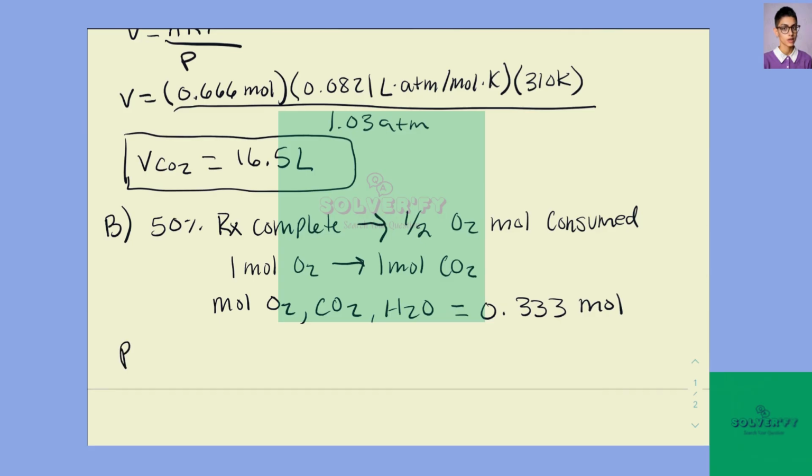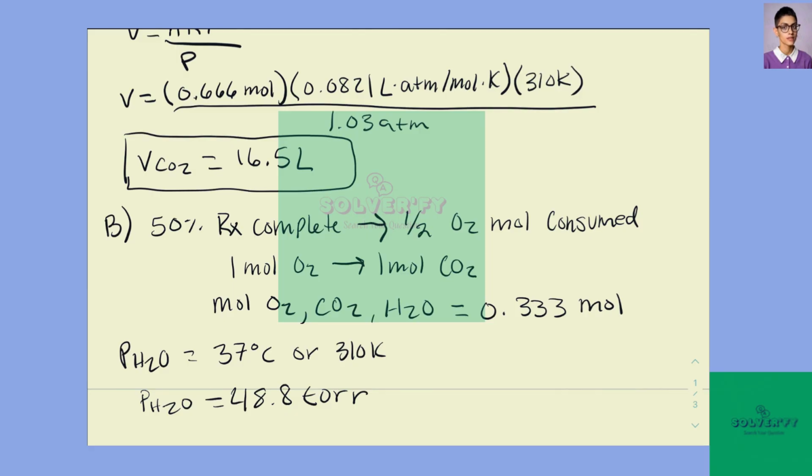So for the partial pressure of water, we know that the pressure for water at 37 degrees C, or 310 Kelvin, is equal to 48.8 torr.